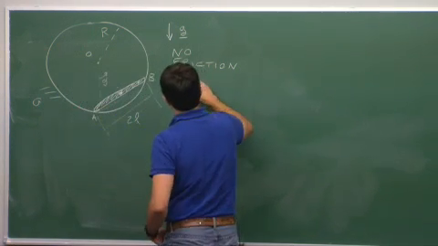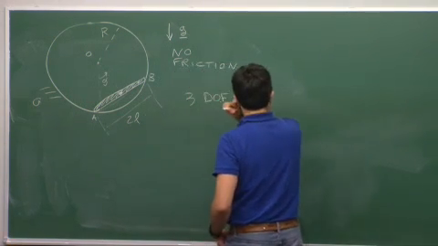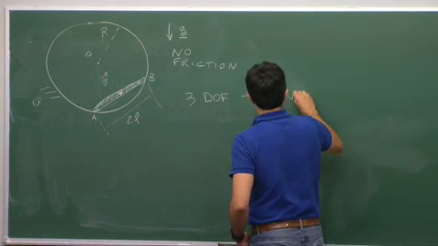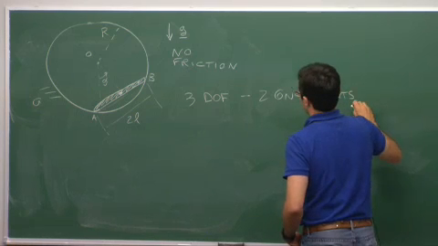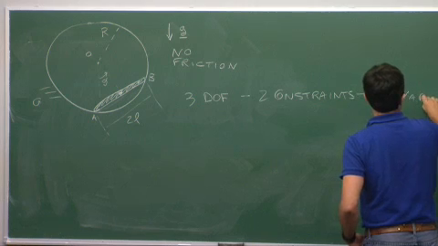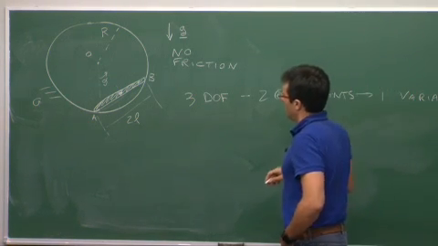So I want to say that we start with 3 degrees of freedom, right? Because we know we are in a plane. But then we have 2 constraints, and I agree with that. So you get, in the end, 1 variable that is really needed to describe the configuration of the system.